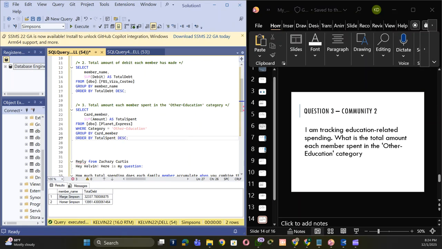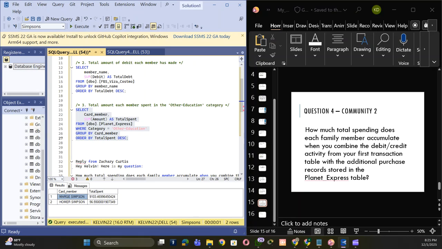And the order by, which sorts by the highest amount, helps us quickly see who spent the most on education related items. So we are going to run the query to see the results. After running the query, you can see that in the category of education, Maggie Simpson has the highest expenditure and comes first. So we'll move to the fourth question.